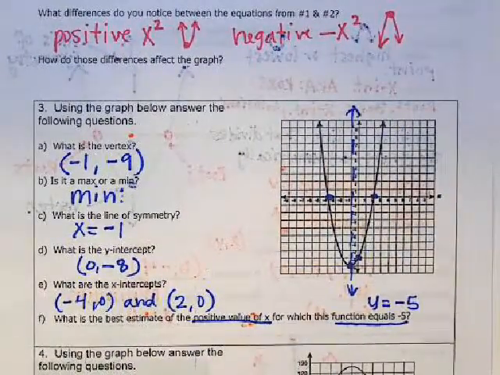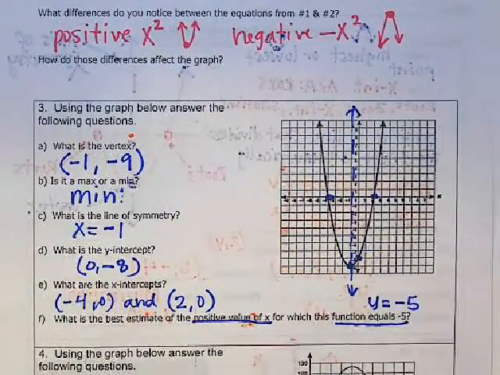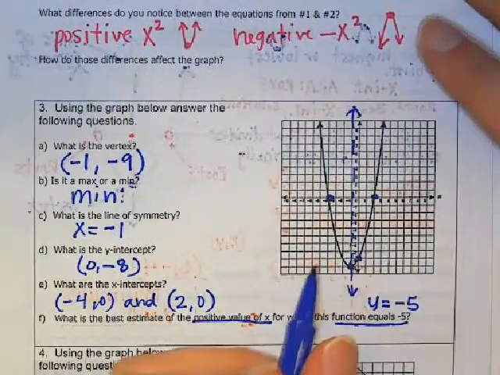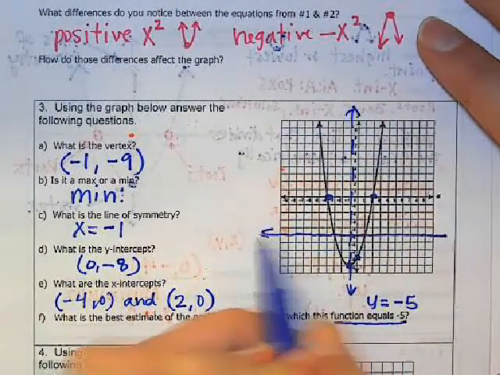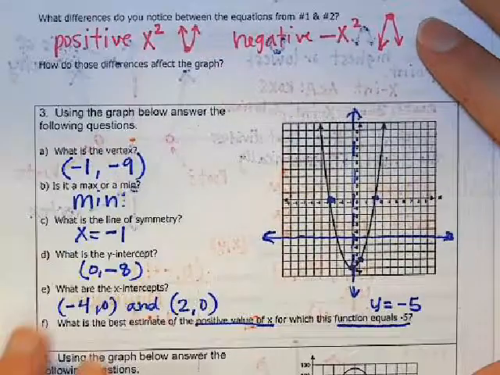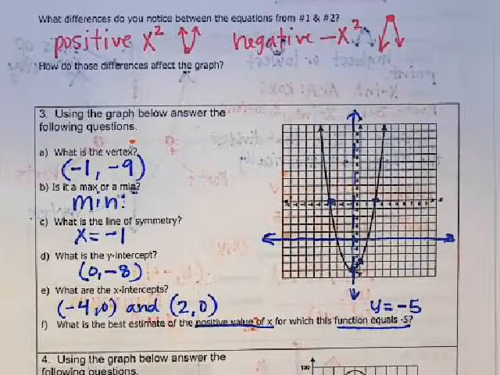If I have y equals a number, what type of line do I have? A horizontal line. So I'm going to draw a line horizontally through -5. Okay, you with me? Questions? Then, what's the question asking for? The positive value of x.